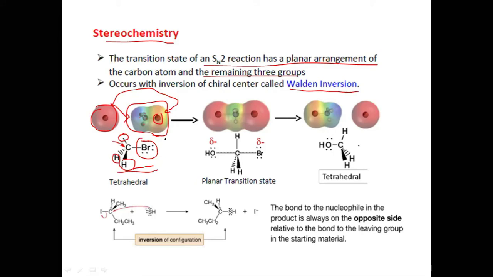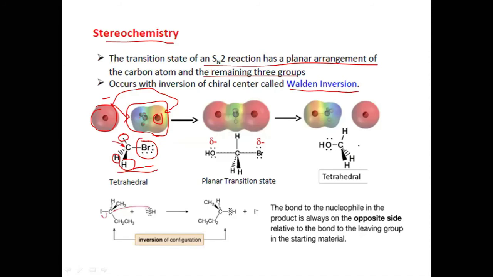Any reason? Steric hindrance, right. Okay, anything else? Br is a bulky group, of course, steric hindrance, fine. Next, what charge does the nucleophile usually prefer to have? Negative. And is the carbon more electronegative, or is the Br more electronegative?